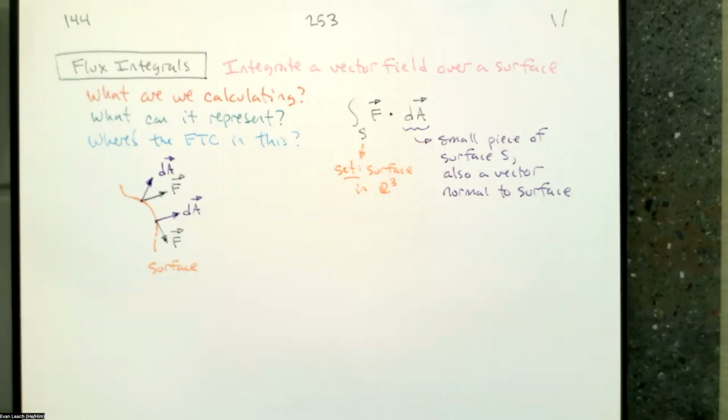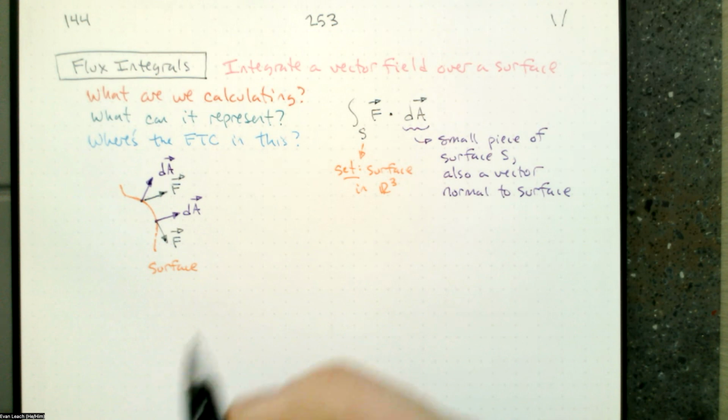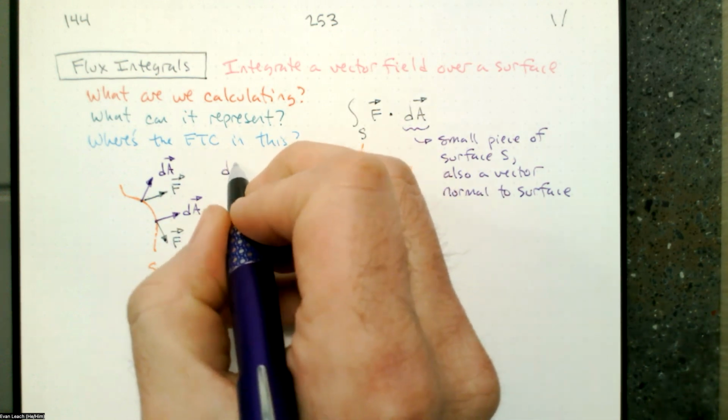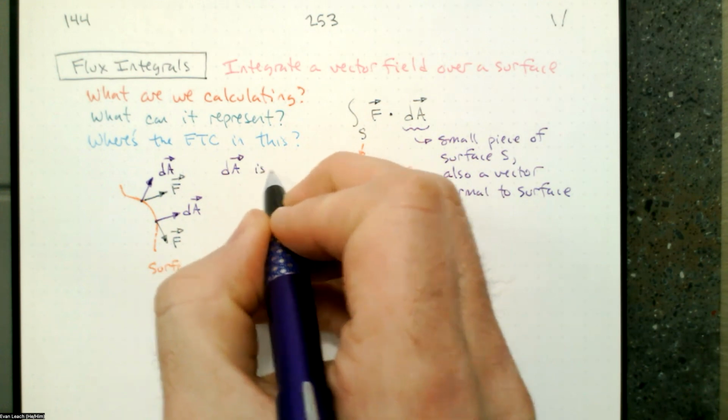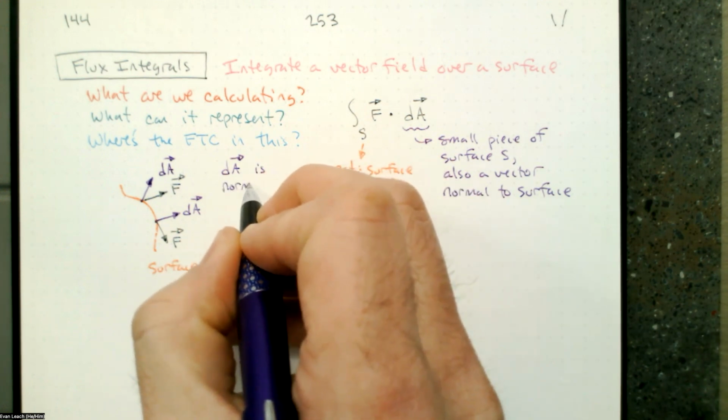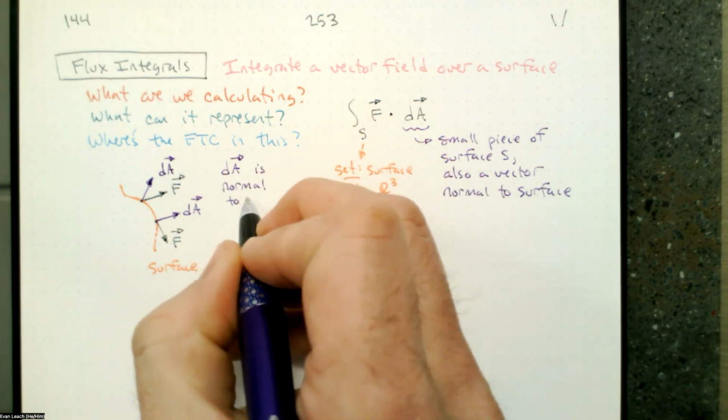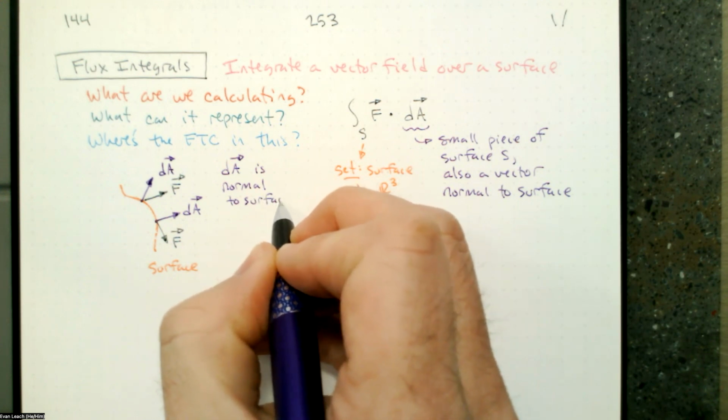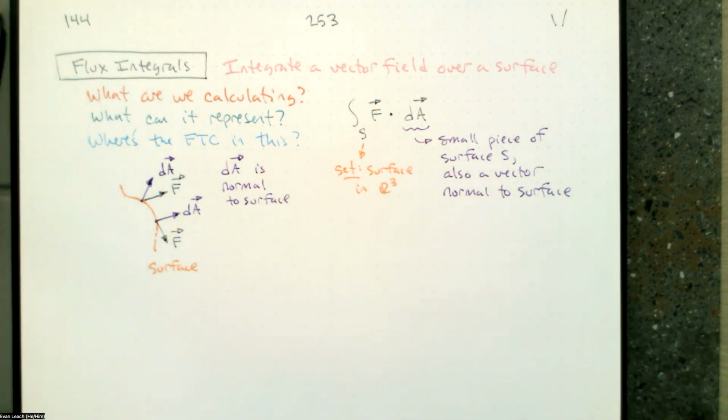And we're going to include the surface in the multiplication by looking at a vector normal to the surface. So those vectors dA are normal to the surface.